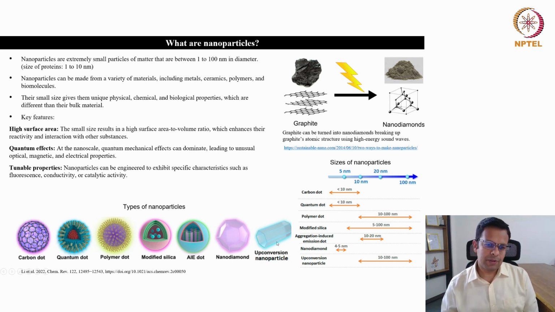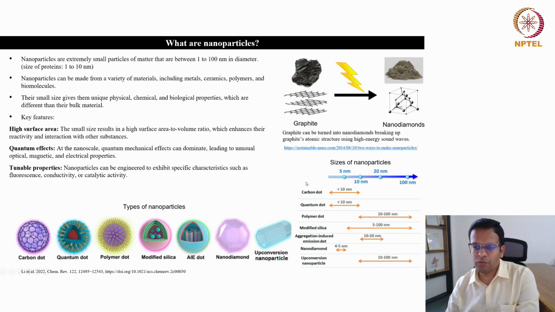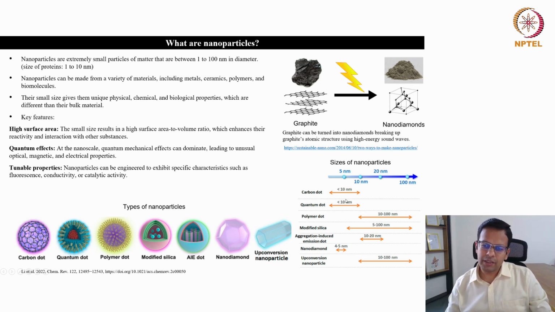Here is the size comparison of these nanoparticles. They range from 1 to 100 nanometers. Nanodiamonds are the smallest, just 4 to 5 nanometer in size, which means they may be even smaller than proteins, since proteins are generally 1 to 10 nanometer in diameter. Carbon dots and quantum dots are more or less the same size as protein molecules, and polymer dots and modified silica are even larger than protein molecules.